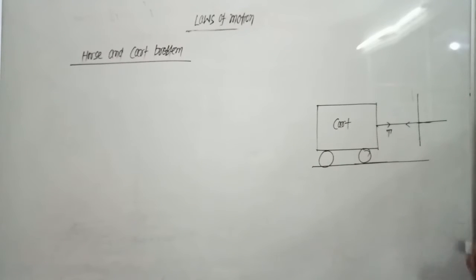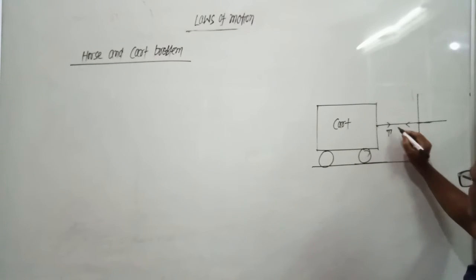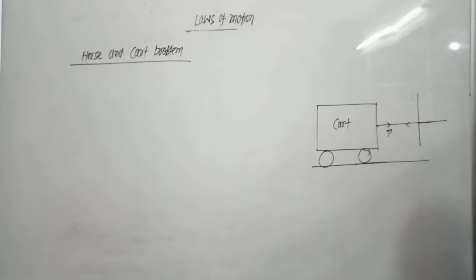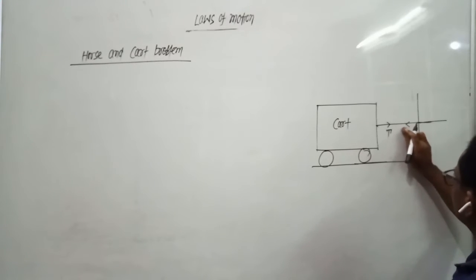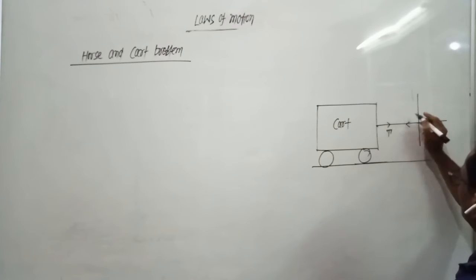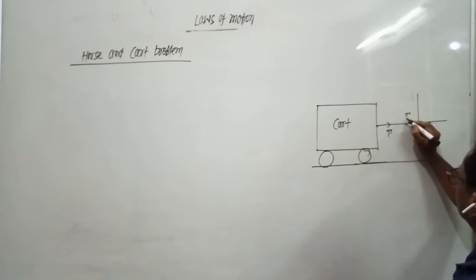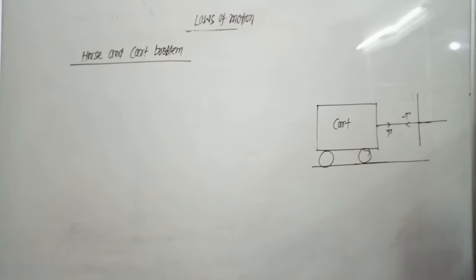The cart will also pull the horse towards itself. Since this direction is opposite to the force applied on the cart, it is represented by minus T. This is the tension force. In a string, the force that acts is called tension force, represented by T.